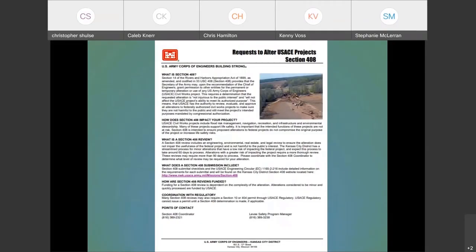This is just a fact sheet showing Section 408 requirements and information. We're not going to go through all of this, but it's a general overview of what we look at, describing what 408 is.